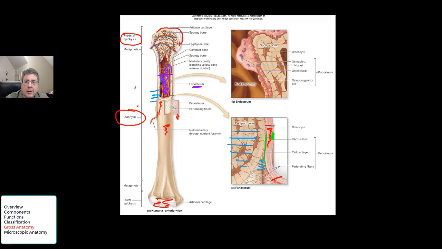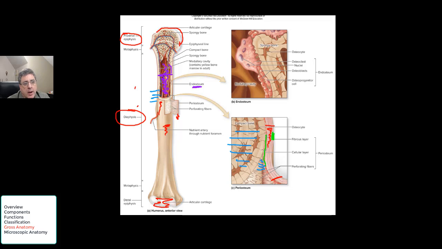So it's going to be lining the endosteum. And the endosteum contains different types of cells as well. Osteoprogenitor cells, cells that are going to lead to the formation of bone.